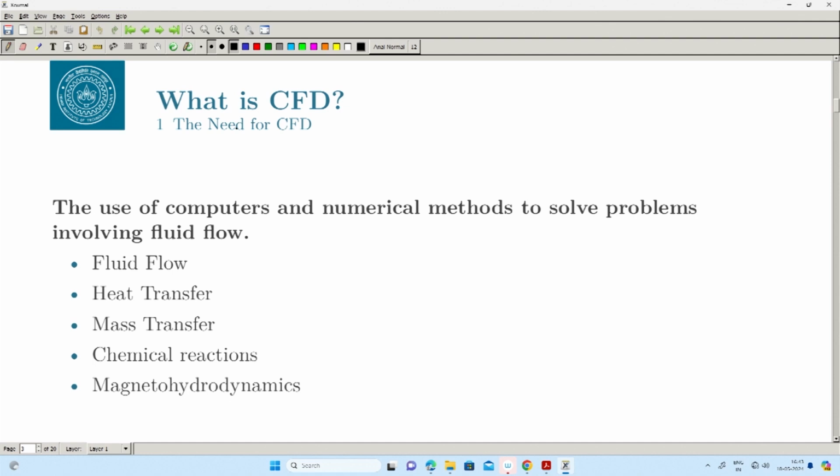Now, this CFD is not only limited to fluid flow. Although the name says CFD, it can also be used in heat transfer and mass transfer. You can have chemical reactions, species that are forming, one reaction leading to another reaction, and then you can have species conservation on those reactions. You can have combustion, for example: something is burning and you want to simulate that phenomenon, and also simulate the change in dynamics due to that burning.